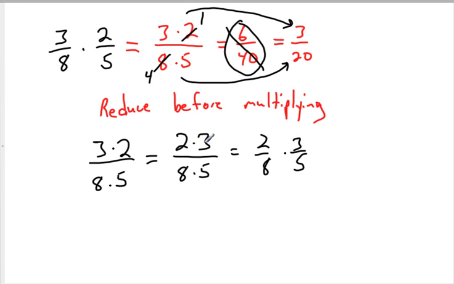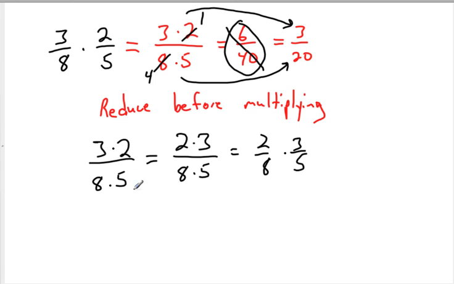Because the tops are going to be multiplied regardless and the bottoms are going to be multiplied regardless. So reducing that 2 and the 8 kind of diagonally there is okay because they could have been in the same fraction anyway. So as long as you reduce one of the top numbers with one of the bottom numbers, you are allowed to reduce like that, okay, when you're multiplying.